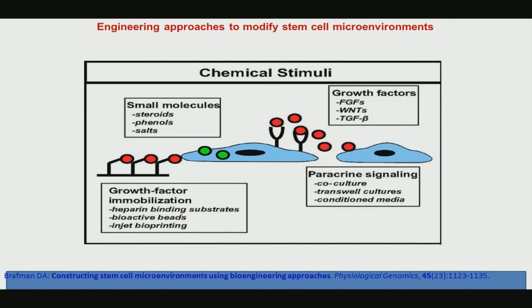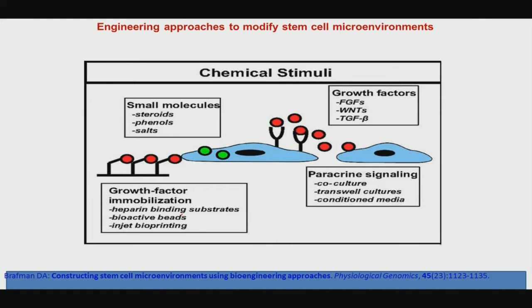Now, these small molecules can be either steroids or phenols. Growth factors can be fibroblast growth factors or transforming growth factor beta, which essentially allows stem cell proliferation while inducing chondrogenesis.